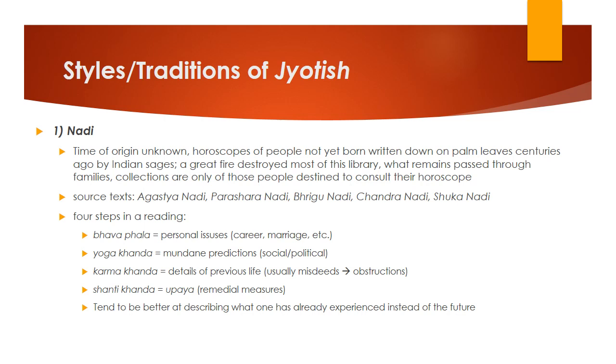Okay. And a note from, again, my teachers is that this type of Jyotish tends to be a bit better at describing what one has already experienced instead of predicting the future.